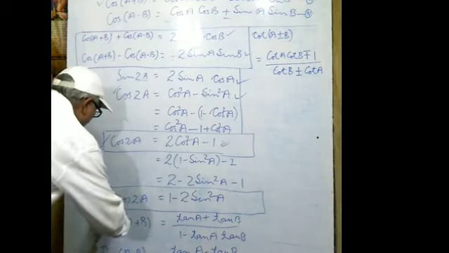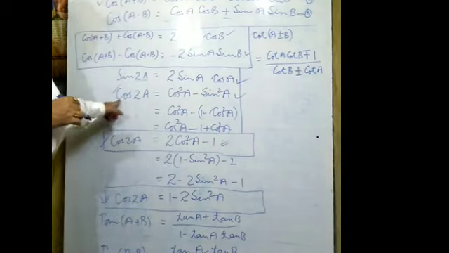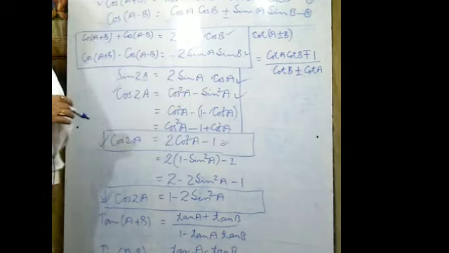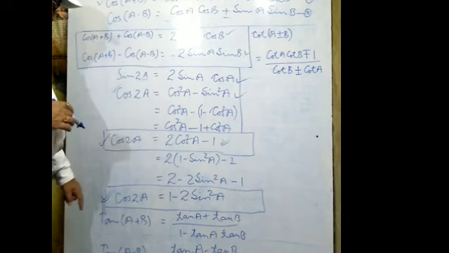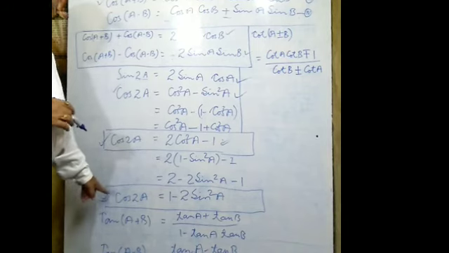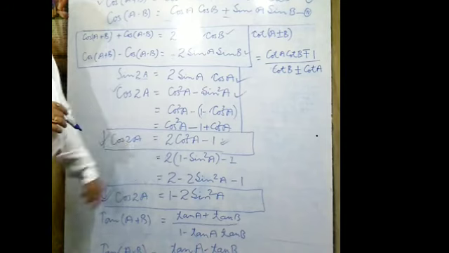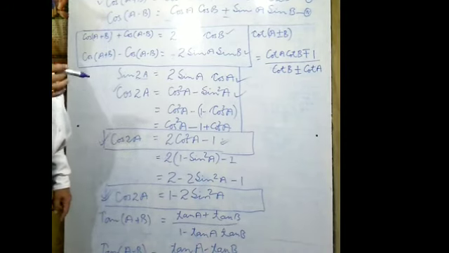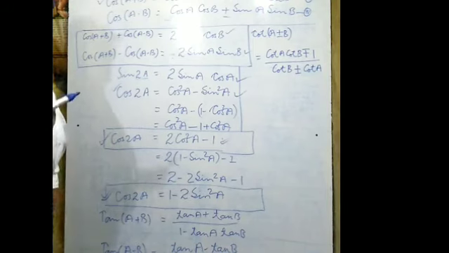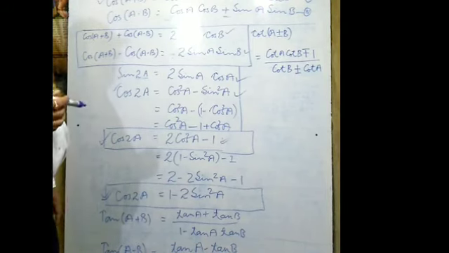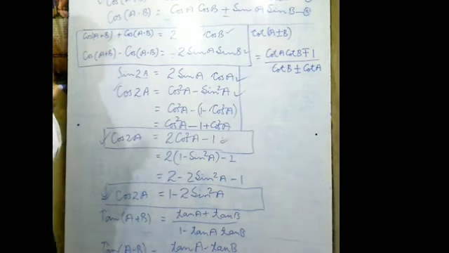If the same is required in terms of sine, it can be expressed in terms of sine, so this will be there. The same thing can be expressed in the form of both sine and cos. So sometimes sine and cos both are required, sometimes this is expressed in terms of sine, and sometimes in terms of cos.